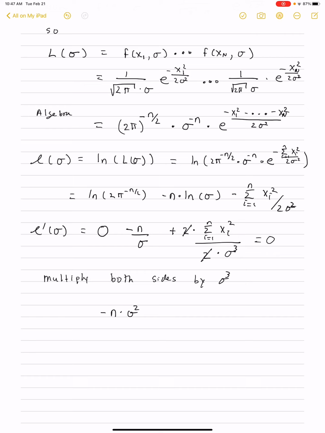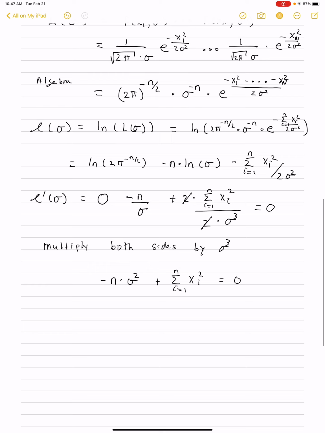The denominator goes away, so I'll have plus the summation from i equals 1 to n of xi squared equal to 0. Now all we have to do is solve for sigma. If we solve for sigma, we'll get sigma squared is equal to the summation from i equals 1 to n of xi squared over n.